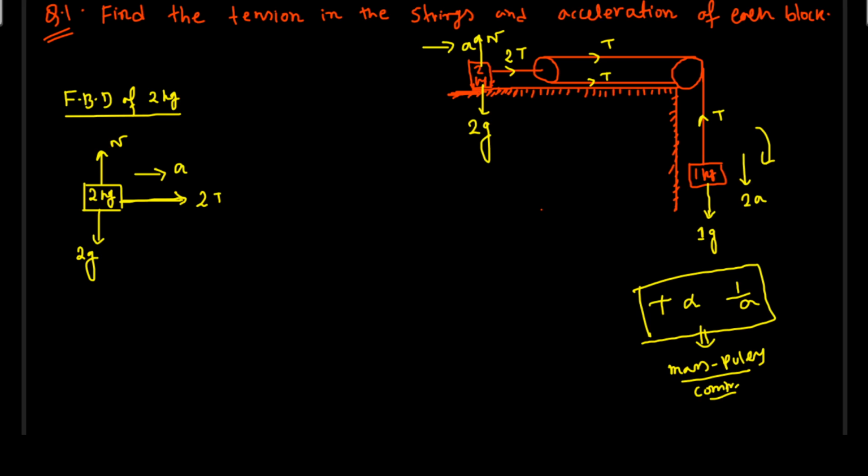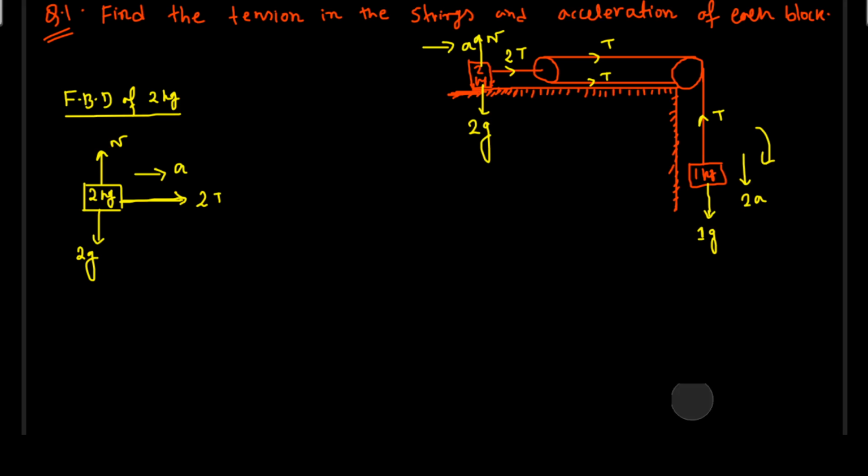Okay, now if we talk about the FBD of the second block, that is obviously the 1 kg block. So now let me draw the FBD of the 1 kg block.